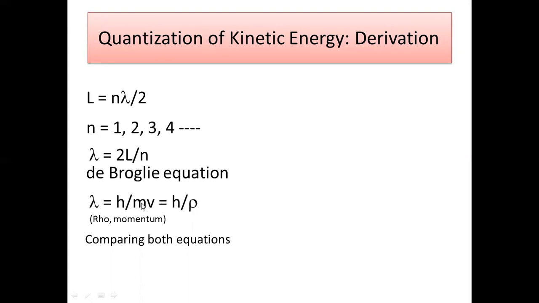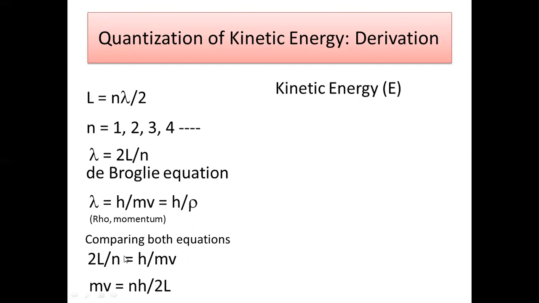That means 2L over n will be equal to h over mv. If you want the value of mass into velocity, it would be equal to nh over L, just rearranging this equation.